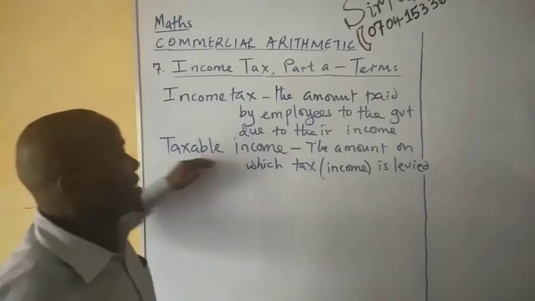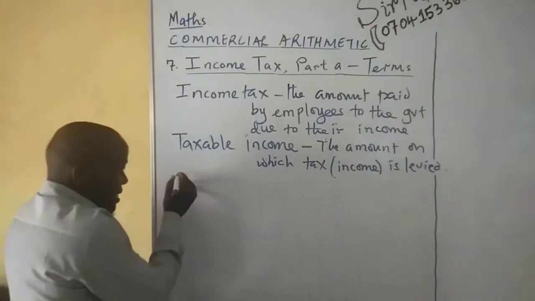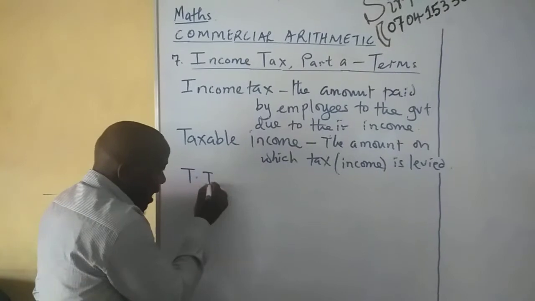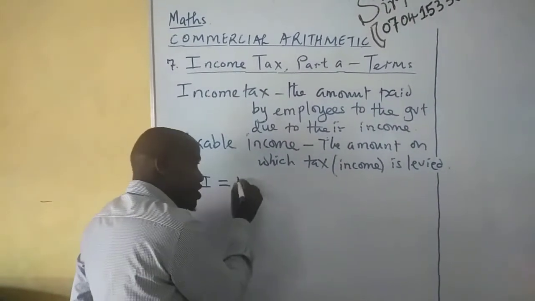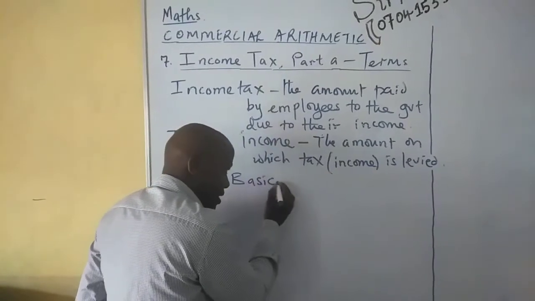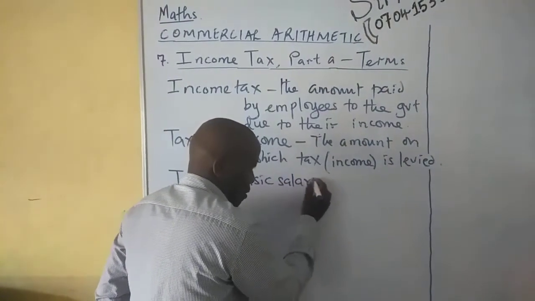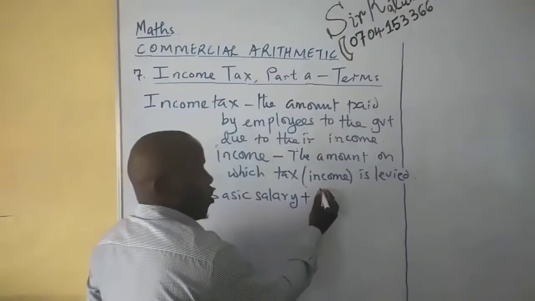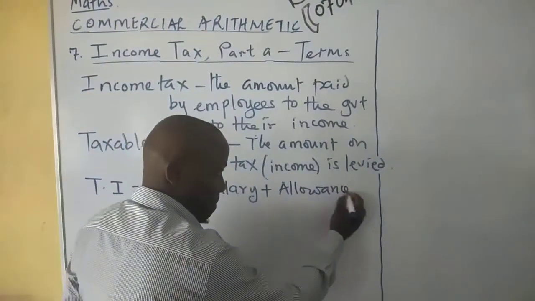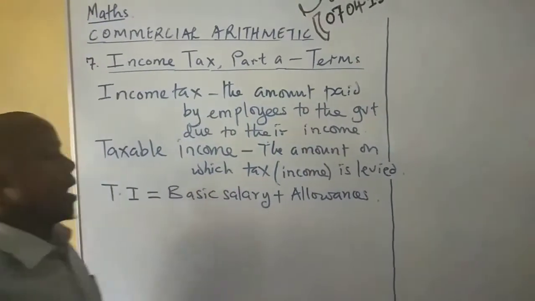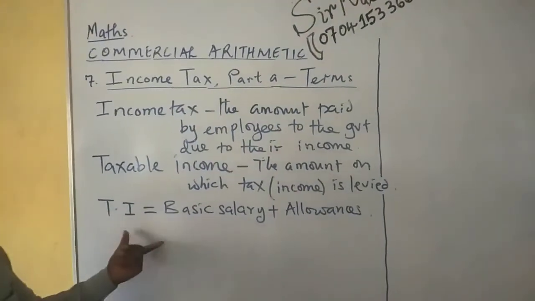Taxable income is calculated by taking the individual's basic salary plus all the allowances which are enjoyed by the given employee.